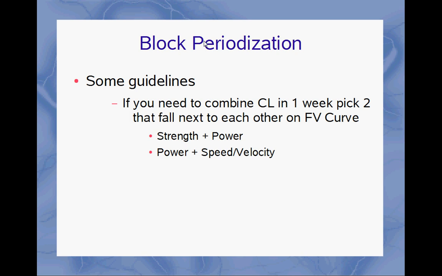For example, you could mix a strength and a power cycle together, or a power and a speed or velocity peaking phase together, but you wouldn't want to mix strength and a peaking phase because the goals are too far away from each other, and that will lead us further away from a concentrated effort and into a more diluted, more mixed type of training effect, which, as we already discussed, produces low-level results.